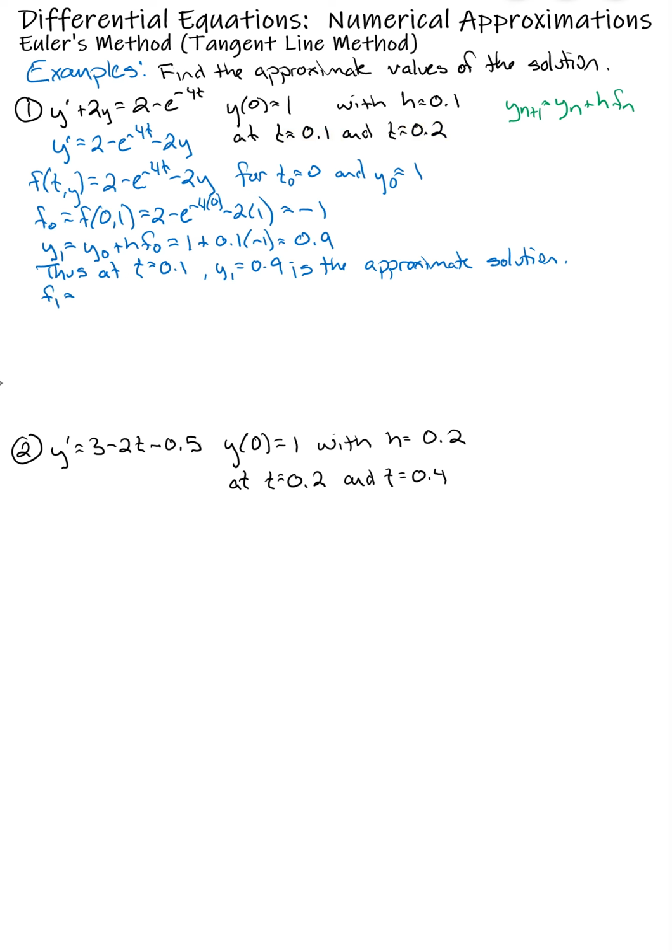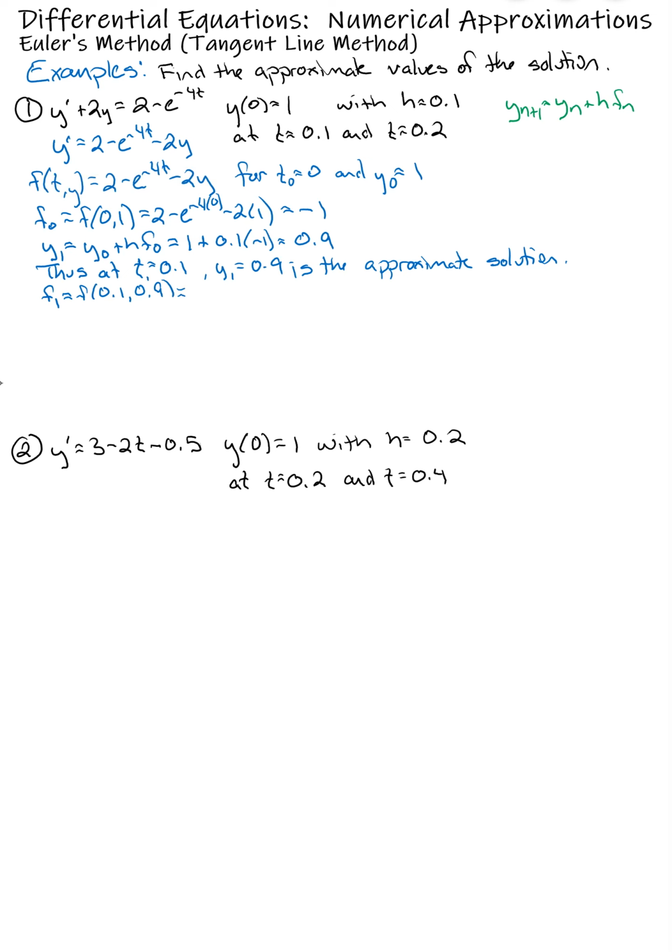Remember, f1 is f evaluated at t1 and y1, so that is f of 1/10, 9/10. Using, again, t1 and y1, putting that into our function, again, just going to evaluate that to this function here.